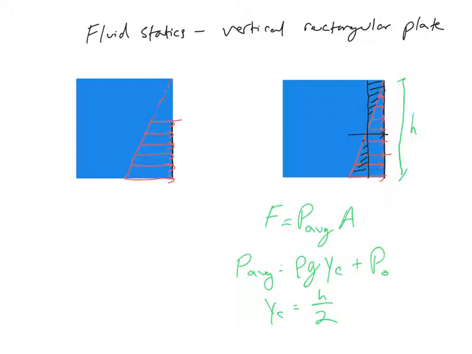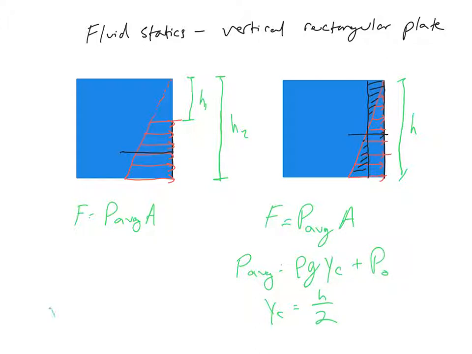Now on the left side, it's a little bit more complicated. I still will calculate that force in the same way, where F equals P average A, but it's at the average depth of this submerged plate. So I'm going to define this distance as h1 and this distance as h2.